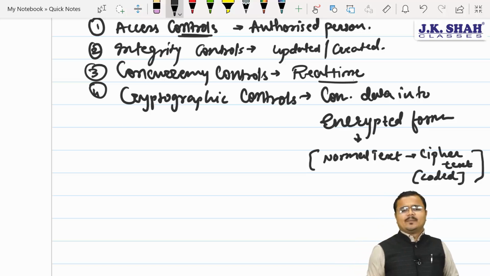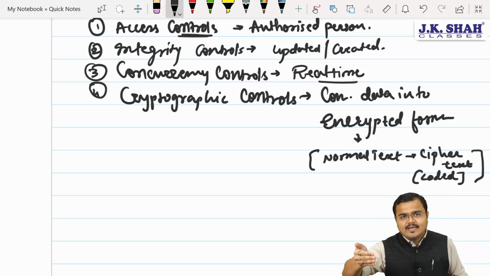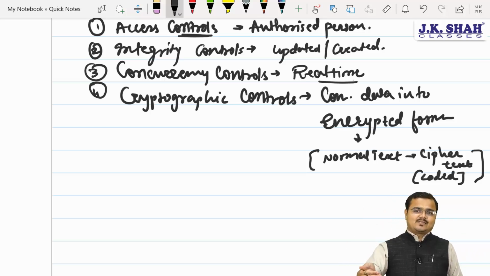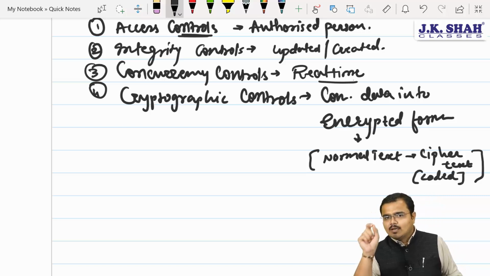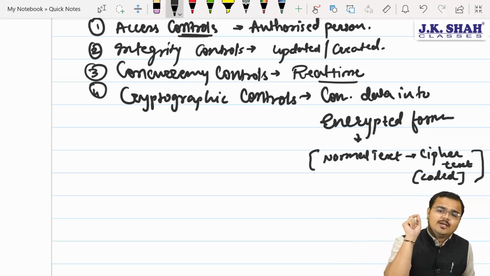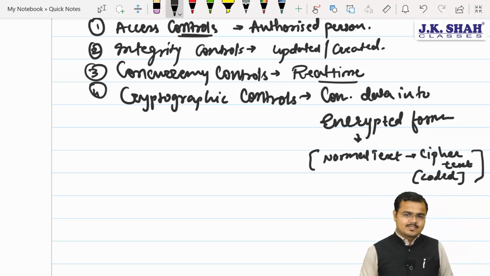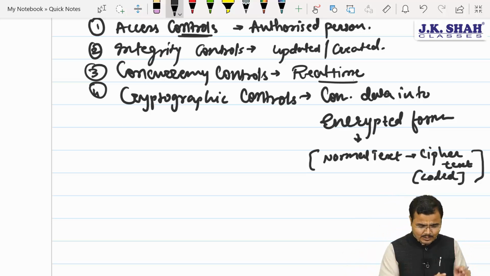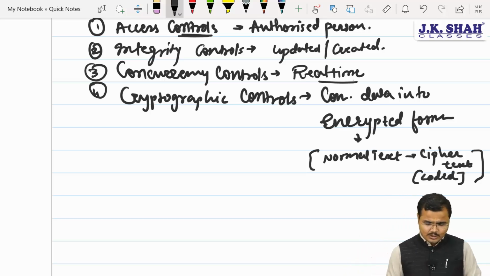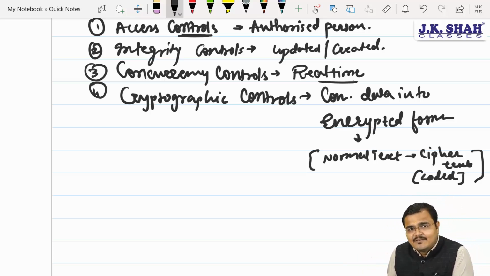Integrity controls I can also define in another way: some reasonableness verification must be done, like in the column of amount, only numericals should be allowed, not alphanumericals. Understood? Yes, sir. Concurrency controls mean real-time database management must be maintained. Cryptographic controls must be implemented in order to enjoy what? Sir, data encryption system. Am I very clear to you?